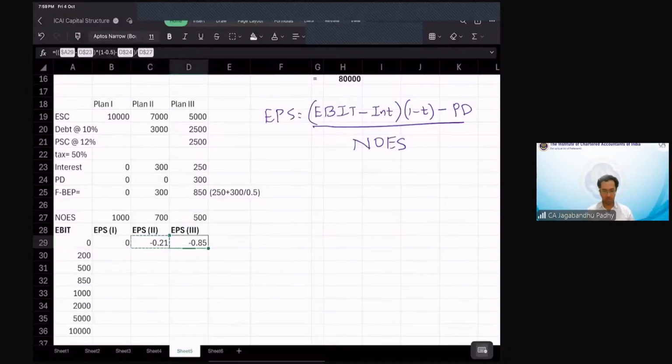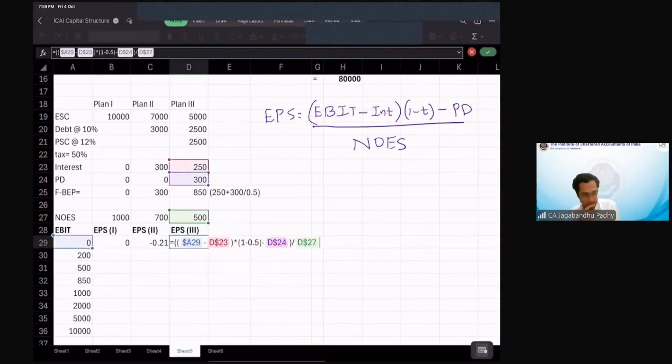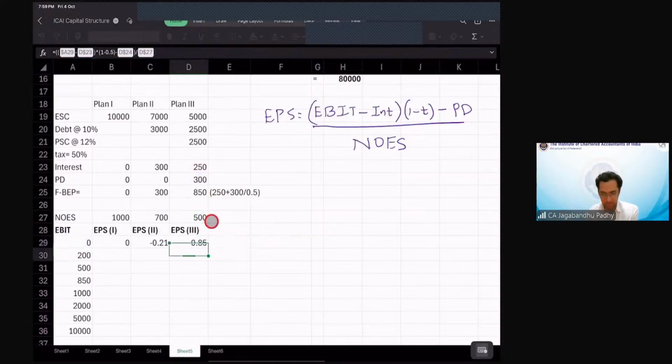It is minus 0.85, right? Because it is simply 0 minus interest payment of 250 into 1 minus T, minus a preference dividend payment of 300, and then you divide it by 500. So is it minus 0.85, everyone? Yes.